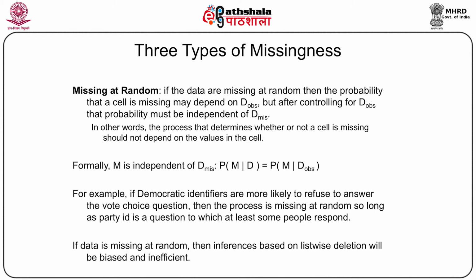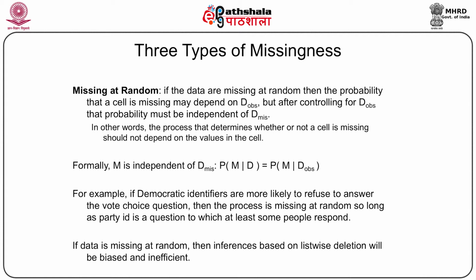Three types of missingness, as we mentioned. The next one is missing at random. If the data are missing at random, then the probability that a cell is missing may depend on D_obs. But after controlling for D_obs, that probability must be independent of D_miss.